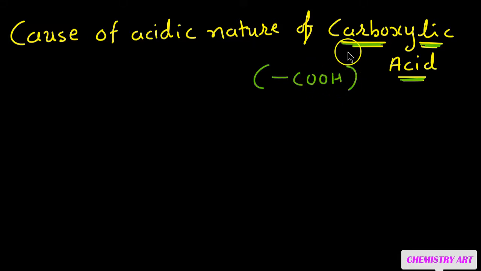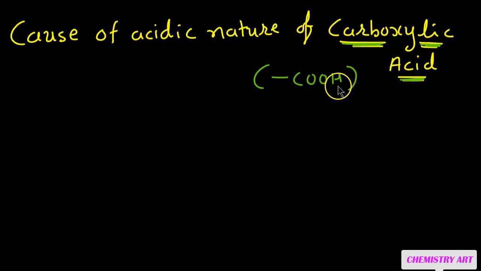So this is the functional group of the carboxylic acid, by which we represent any organic acid. Let's see what the cause is and why the COOH is acting as acidic in nature.